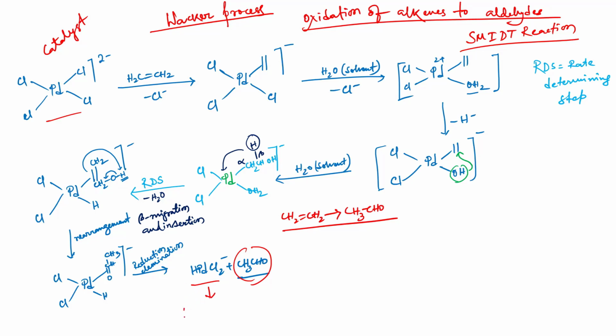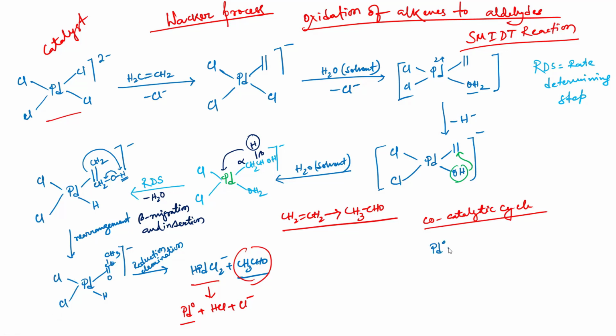The HPdCl2 minus will break down into this. Now this palladium 0 will be changed to PdCl4 through a co-catalyst. And what is the cycle?